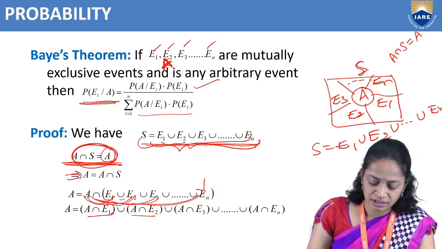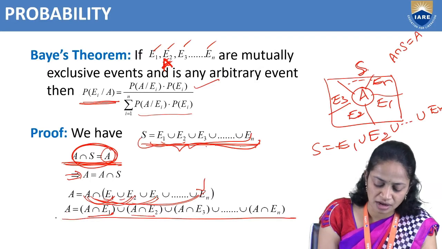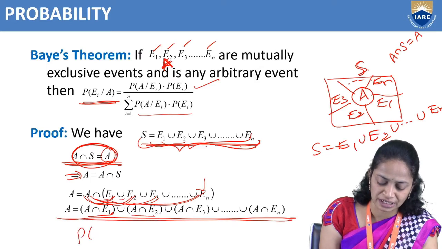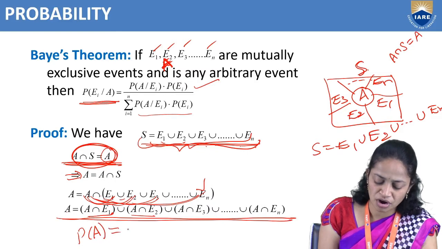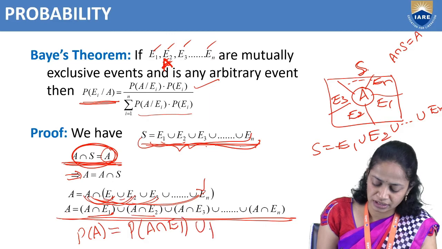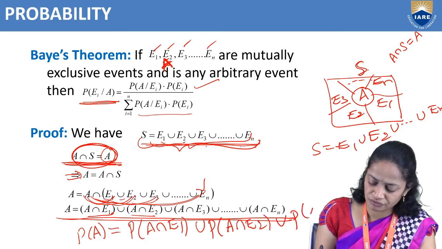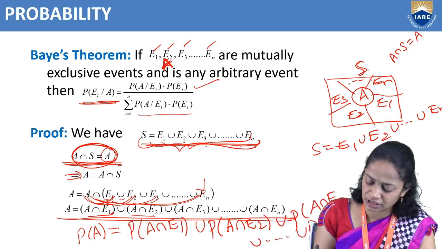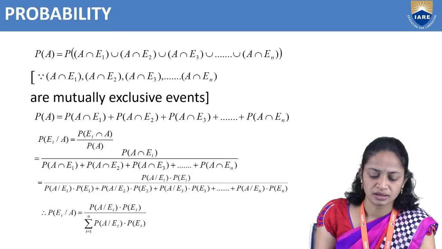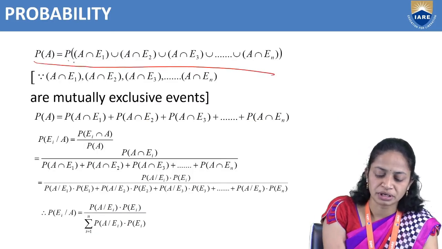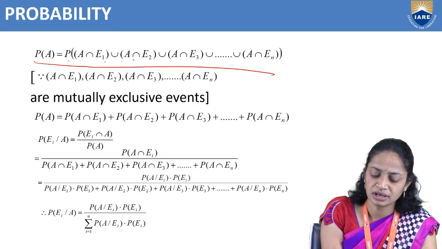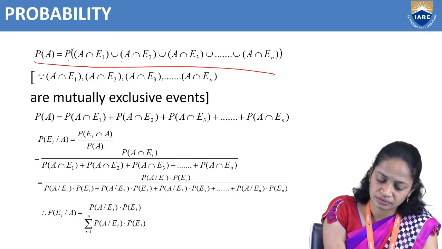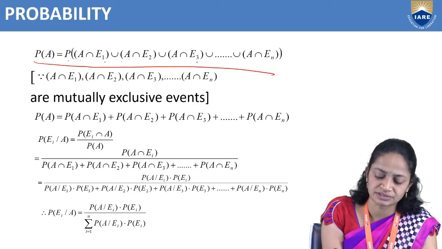So from that, taking the probabilities on both sides, P of A equals P of A intersection E1 union P of A intersection E2 union P of A intersection E3 and so on union P of A intersection En.